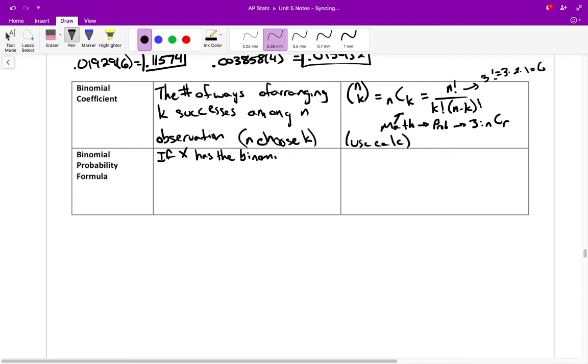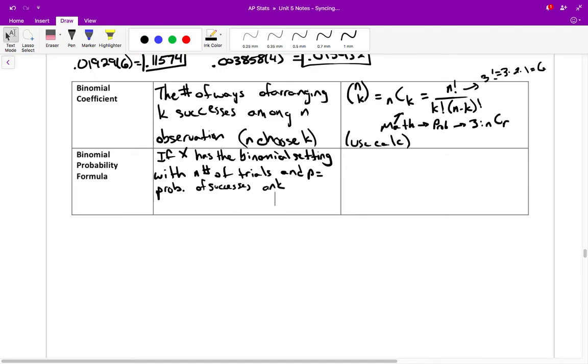So if x has the binomial setting, with n number of trials, and p equals the probability of each success, and k is any one of the values, then here's what we get.